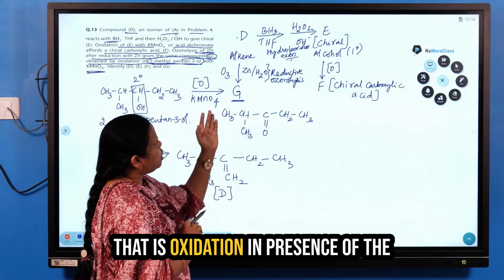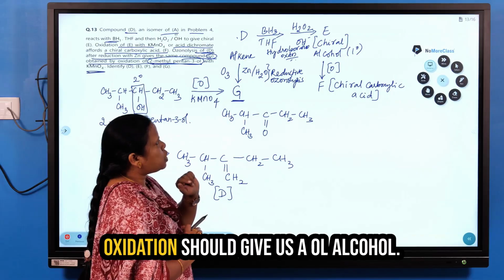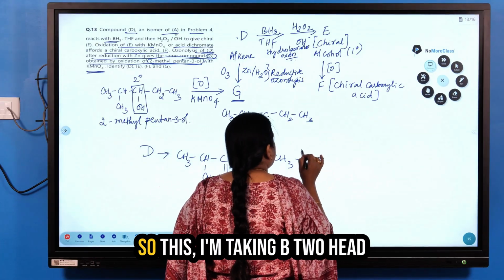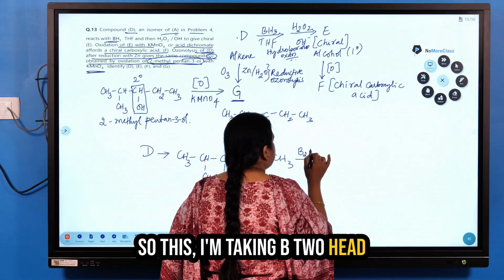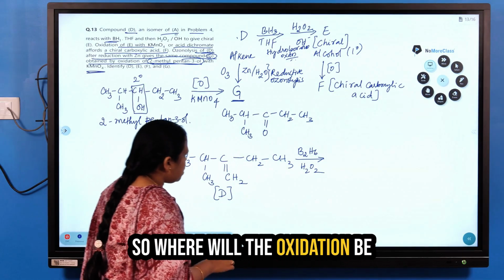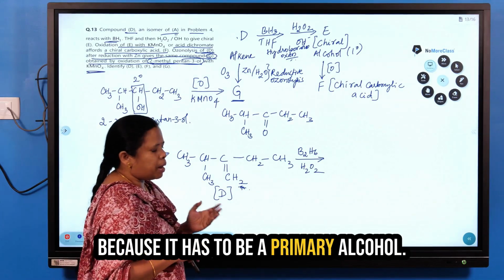Now let's see how it works out for the next step. Hydroboration oxidation should give us a chiral alcohol. So I am taking B2H6 followed by H2O2. Where will the oxidation be happening? At this particular carbon, because it has to be a primary alcohol.